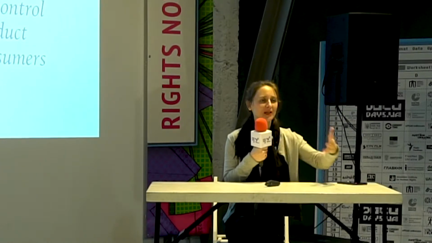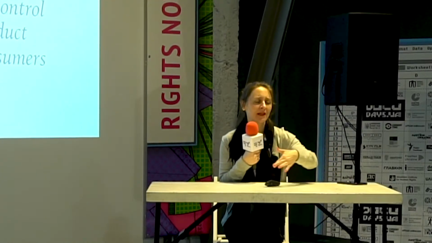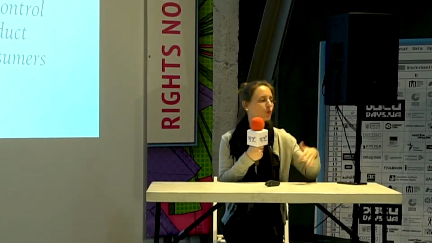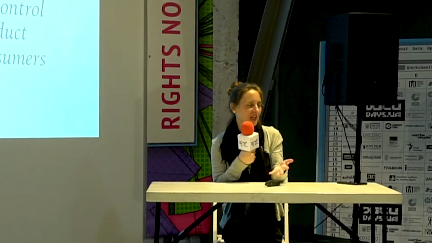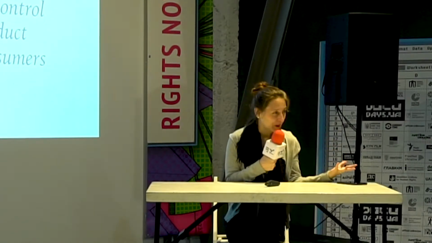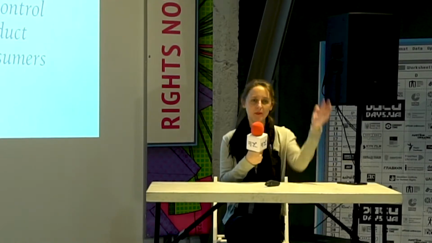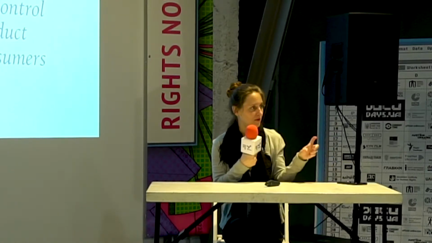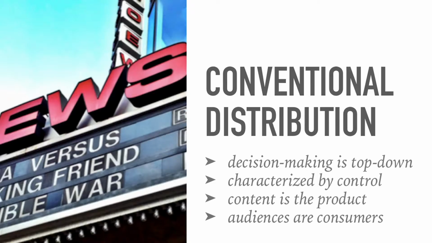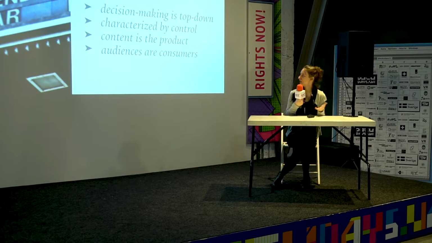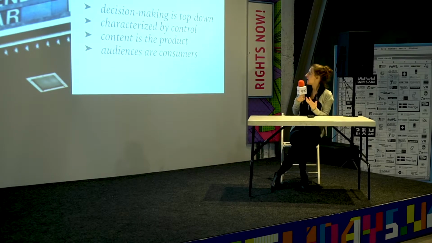So the marketing plan, the timeline, the opportunities to roll out the film in specific markets at a specific time, the price point that's put on the film, all of those are top-down decisions that are made at the outset of the film's release. It's characterized by control. The corporation controls the release of the film, all of the marketing decisions.